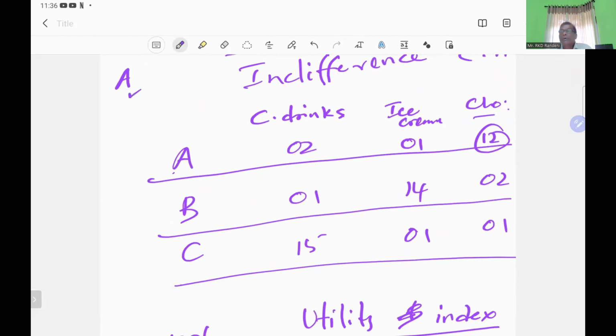Now A is first. Next you prefer C, that means you prefer 15 cold drinks. You prefer to take cold drinks, so you definitely select C. Then second C, then B.